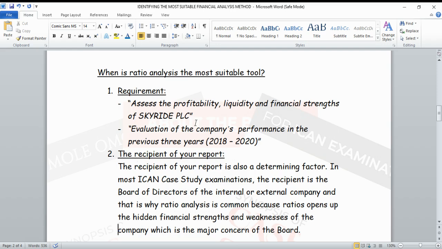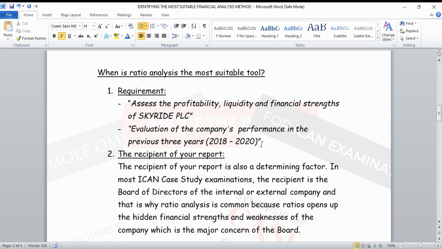So the first thing is the requirements. When the requirement says something like assess the profitability, liquidity, financial strength, or evaluate the performance of the company over the years, then you definitely know you are tending towards ratio analysis. Sometimes the question may come very specific, like assessing the profitability of a company, that's basically profitability ratios, right?